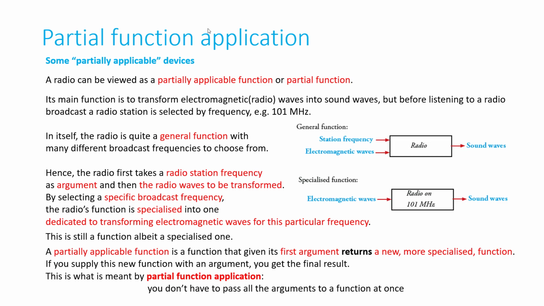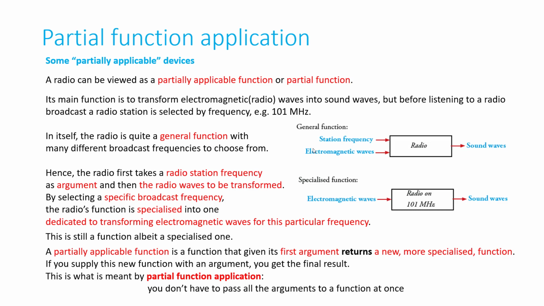But before listening to a radio broadcast, a radio station is selected by frequency, for example 101 megahertz. In itself, the radio is quite a general function with many different broadcast frequencies to choose from. Hence, the radio first takes a radio station frequency as argument, and then the radio waves to be transformed.